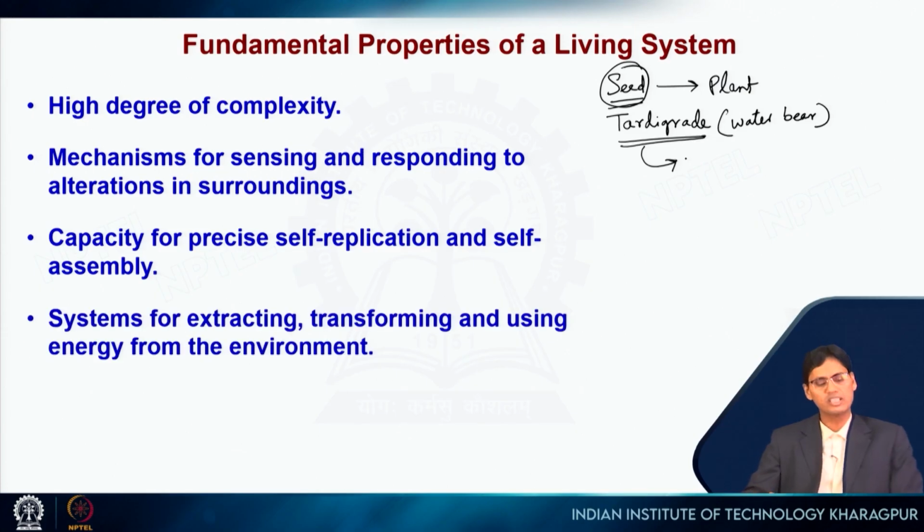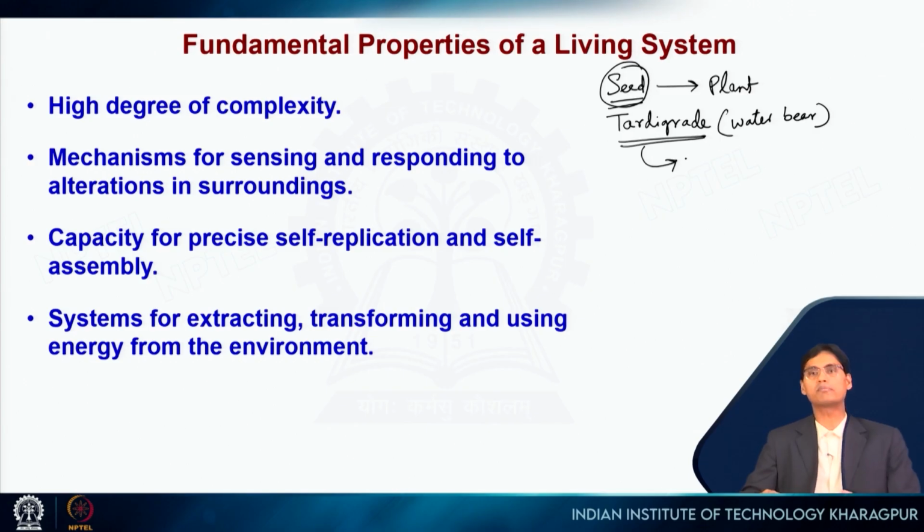Then, a system for extracting, transforming and using energy from the environment. Apparently you may think that we are not really extracting and transforming energy from the environment, but actually we are depending on some other organism. For example, plants. All of you know that plants can do photosynthesis in the presence of sunlight, trap carbon dioxide from the air, take water from the soil, and make food, particularly carbohydrates.